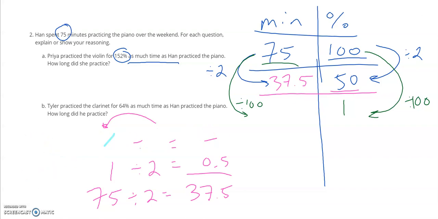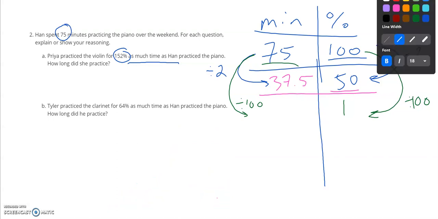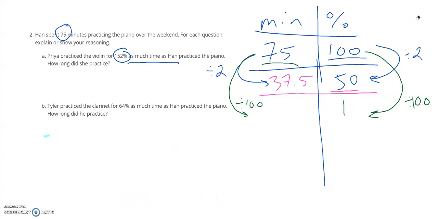I'm going to get rid of this for some space. 75 divided by 100 can be written as a fraction, 75 over 100, or 75 100ths.